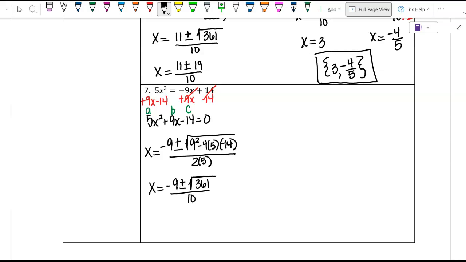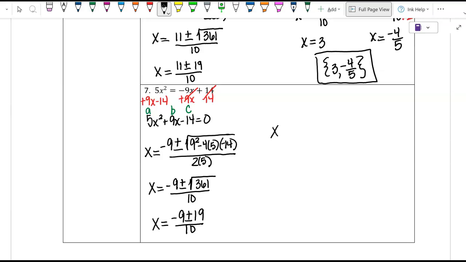As we saw in the previous problem yesterday, the square root of 361 is a perfect square. So this becomes x equals negative 9 plus or minus 19 divided by 10. And that plus or minus means that's 2 different problems.